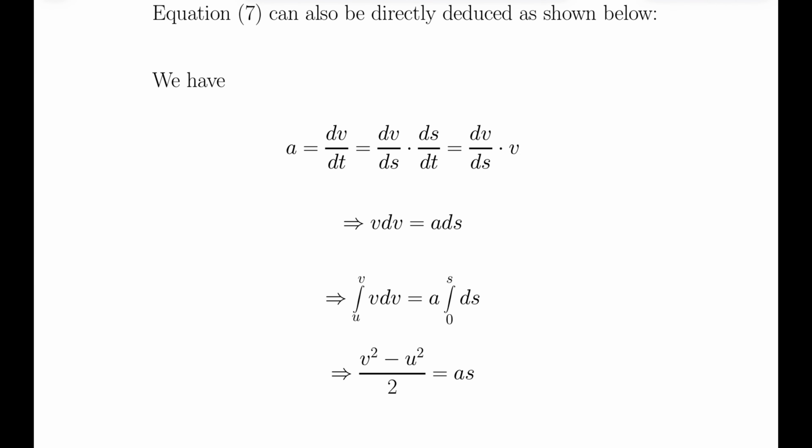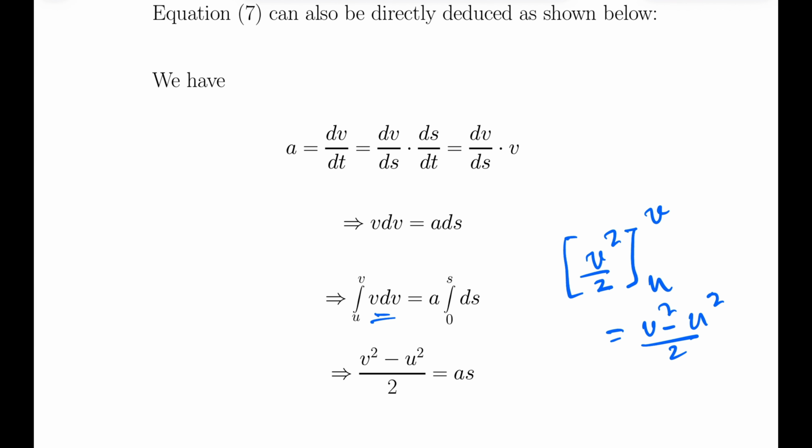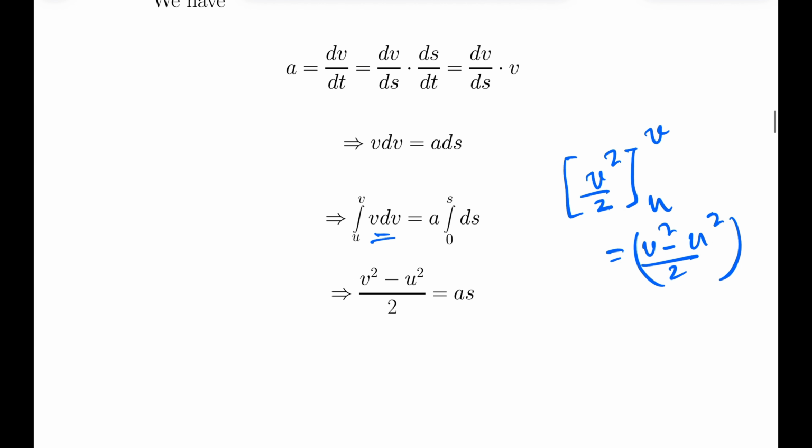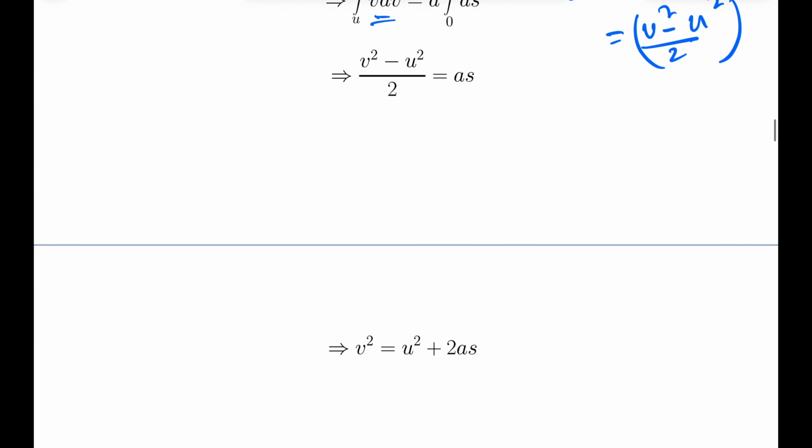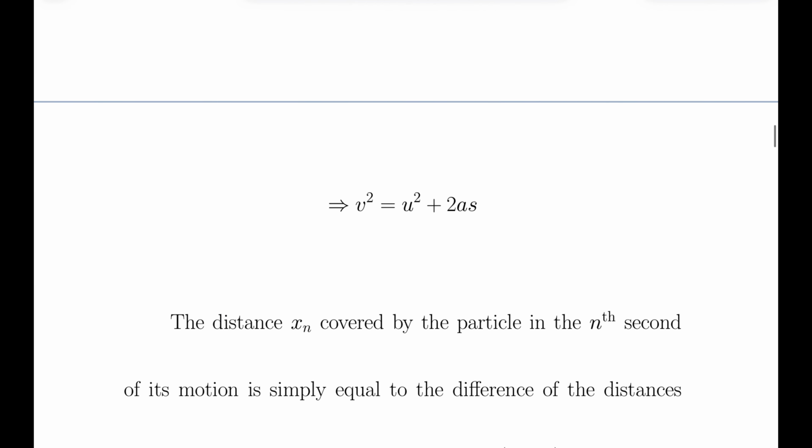To clarify this equation, we write this one as v square by 2. Put the limits here, limits are v and u. This is v square minus u square upon 2, or we can write v square minus u square upon 2 is as, or v square is u square plus 2as.